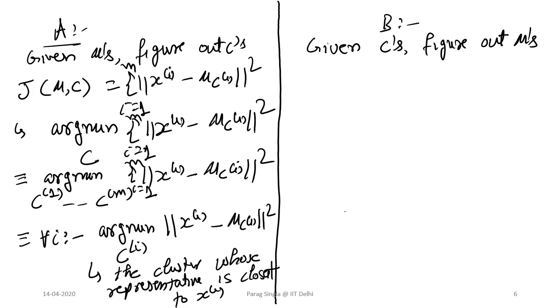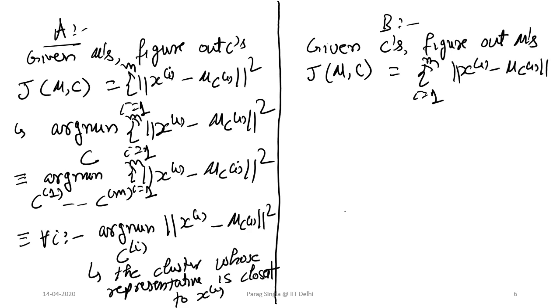Now let us look at optimizing J(mu, c), which is again the sum over i equal to 1 to m of xi minus mu ci whole square.